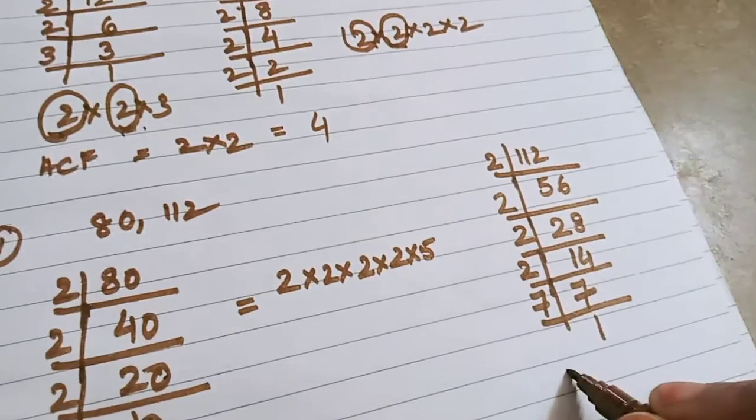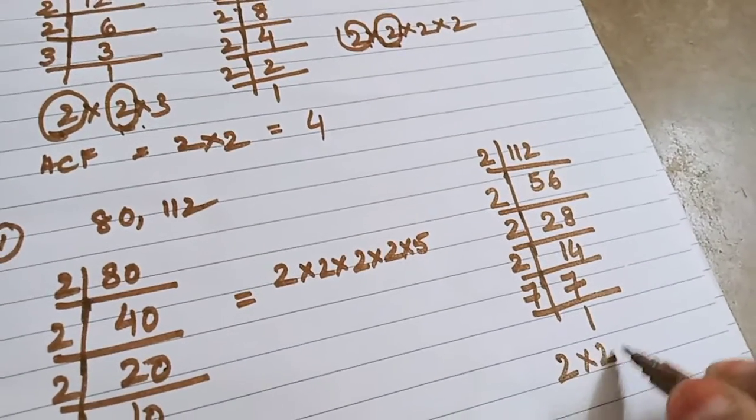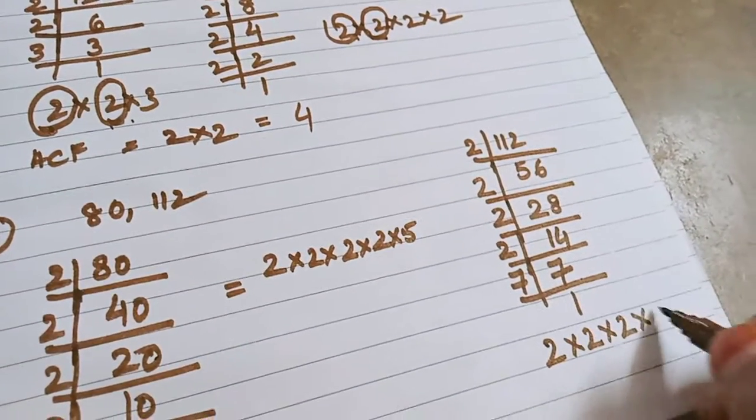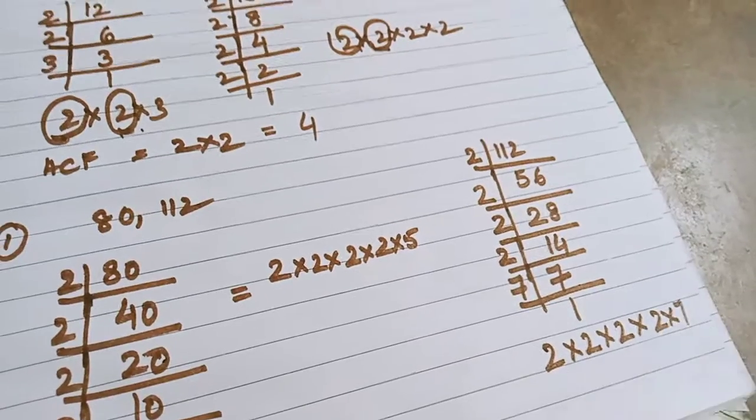So we write 2 into 2 into 2 into 2 into 7.